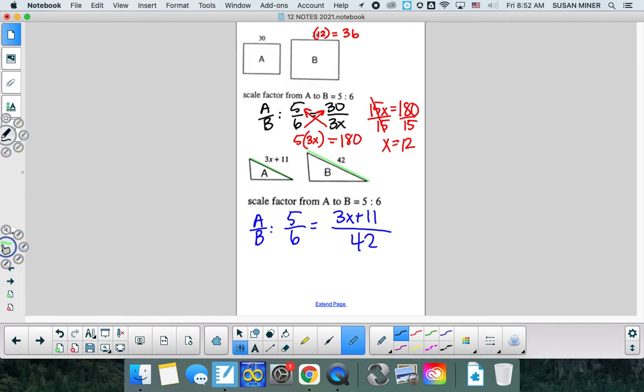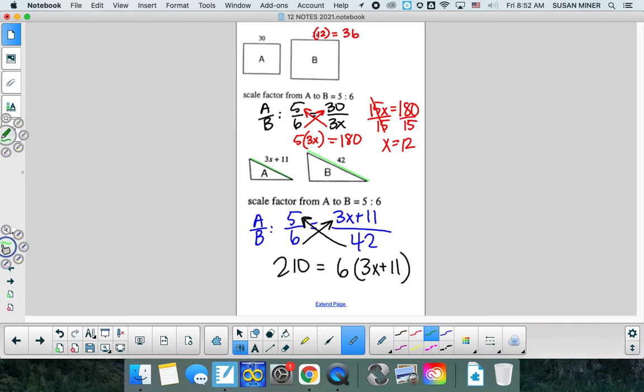Again, we're going to solve with cross multiplication, but I have to remember now, how do I multiply 6 times 3x plus 11? 5 times 42 is going to give me 210. So I can do this multiplication. How do I multiply 6 by 3x plus 11?